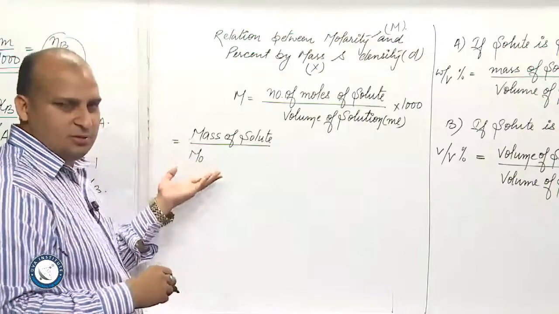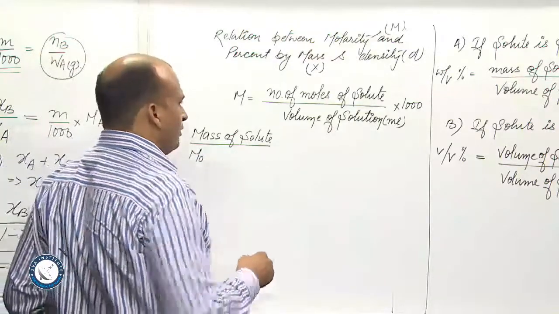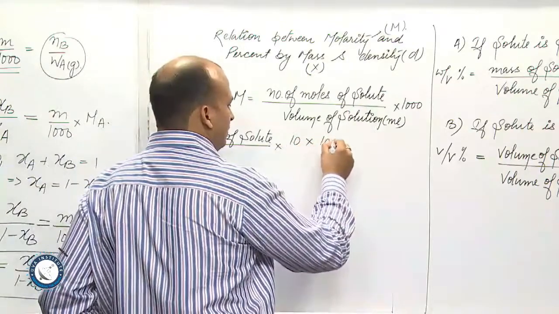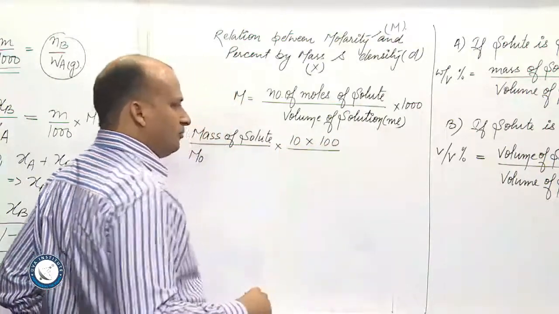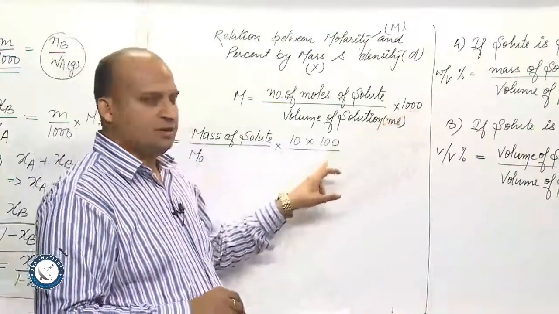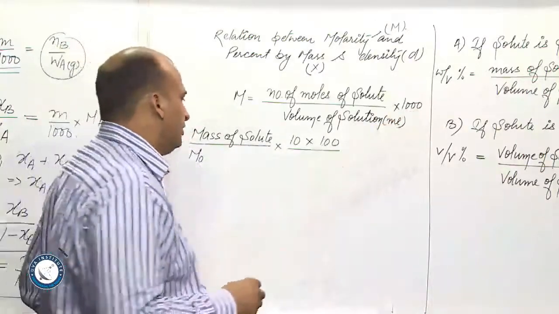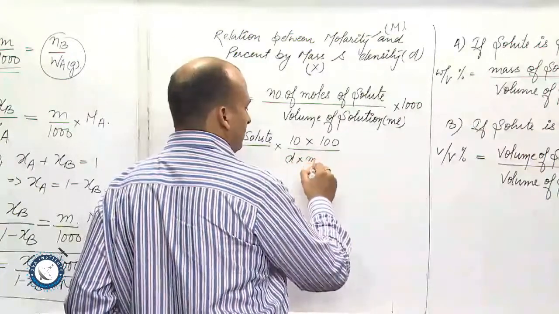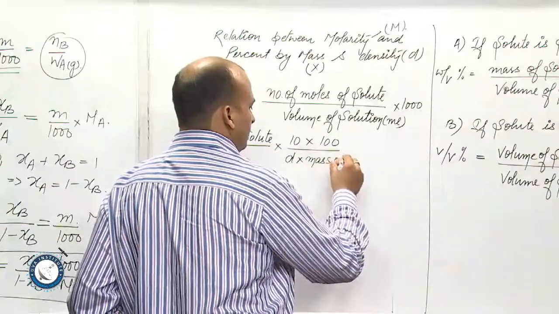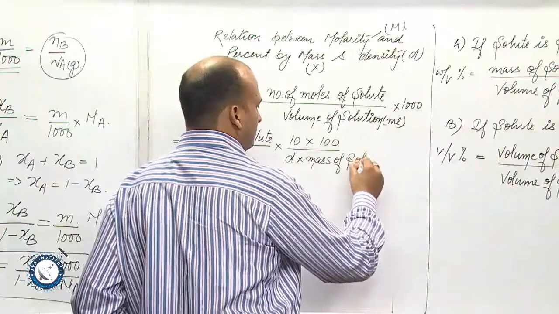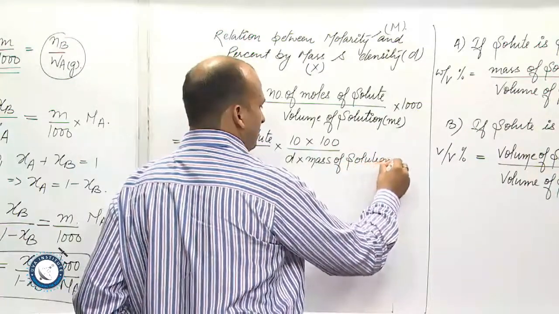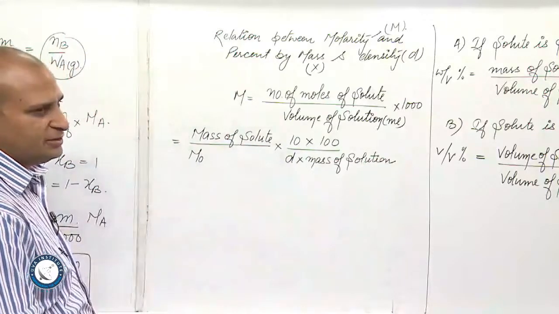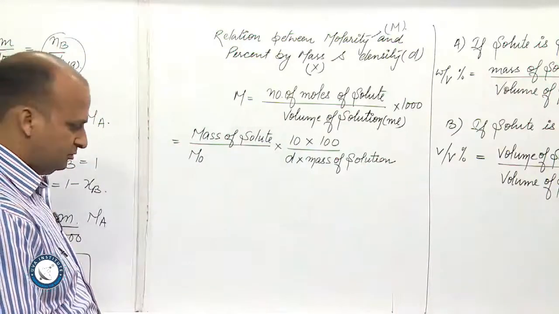We have been using it as M naught. 1000 can be written as 10 into 100. Volume of solution can be written as density multiplied by mass of solution. Agreed?